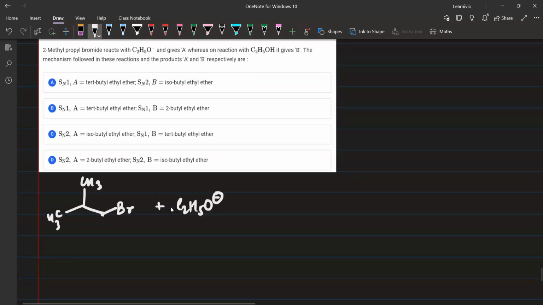We are having C2H5OH plus C2H5O negative, right? Now you have to look at the alkyl halides that we are having, and then think what kind of reaction can take place here.